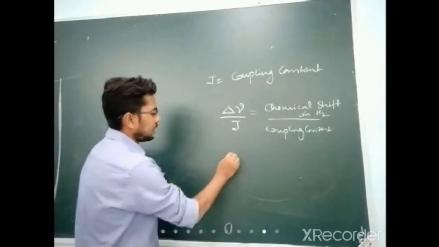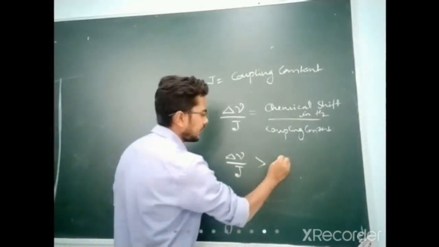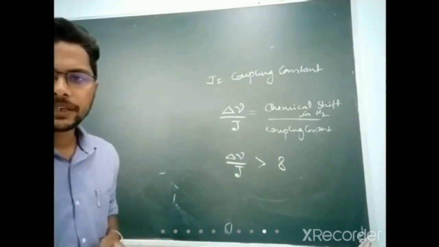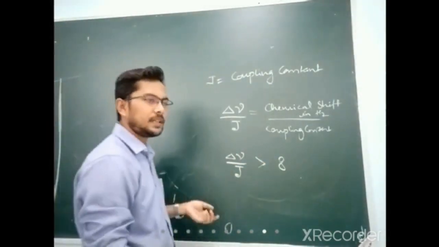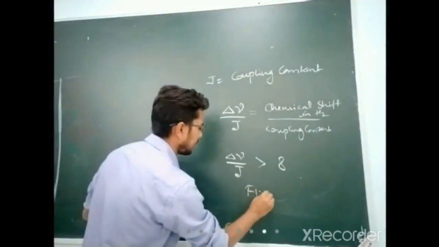If this delta nu by J value is greater than 8, then we say that the spectra that we are getting is a first order spectra.